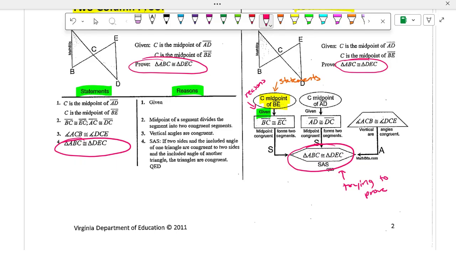Now, in this class, I don't often ask you guys to do proofs from scratch because it can be pretty difficult. Even for honor students, they're a pain in the butt. Even for me, they can be a pain in the butt. Just because with proofs, you literally have to cover all your bases.